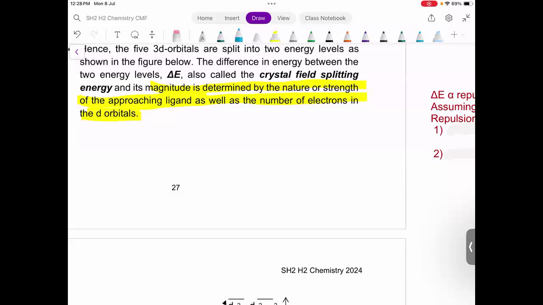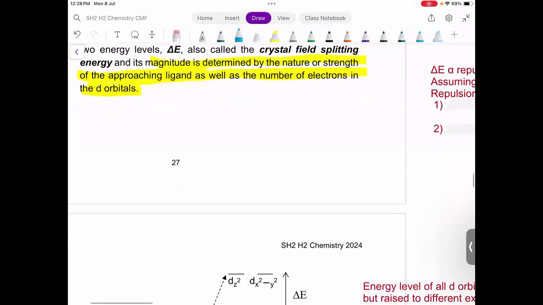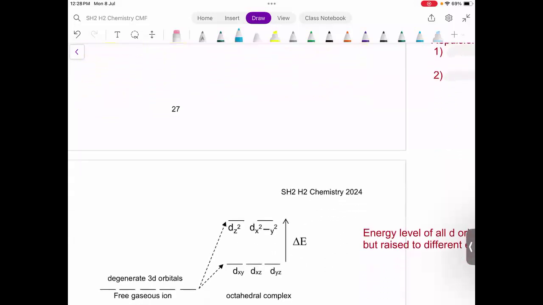Because there's a repulsive force, you are disturbing the orbitals and making them unstable, and the instability is of different extents because of head-on and side-on interaction. This delta E dictates the wavelength of visible light absorbed, and whatever is left, or reflected back to you, will be observed as a color.